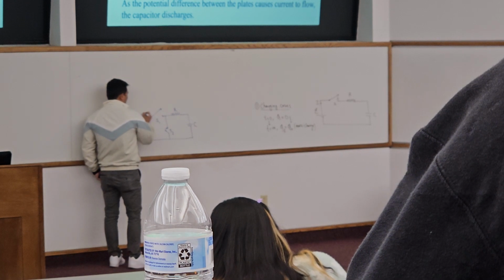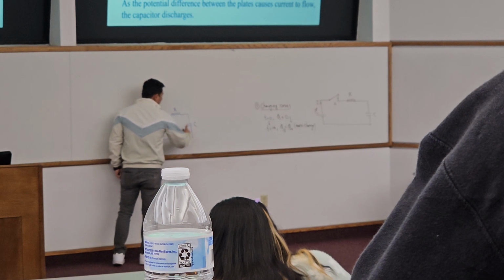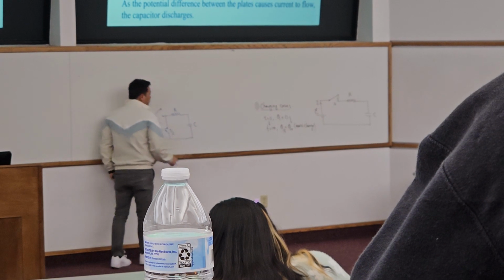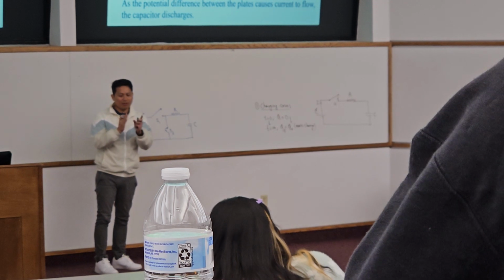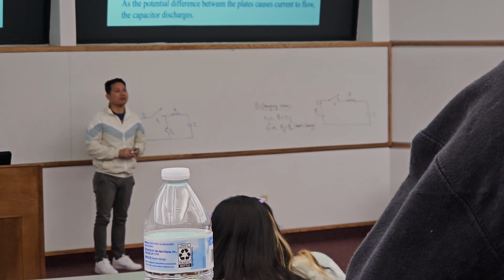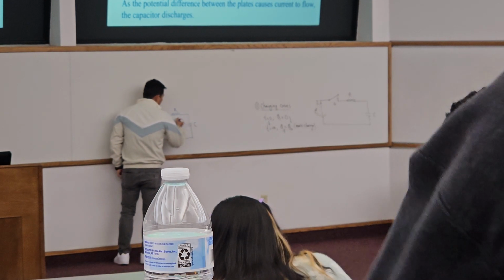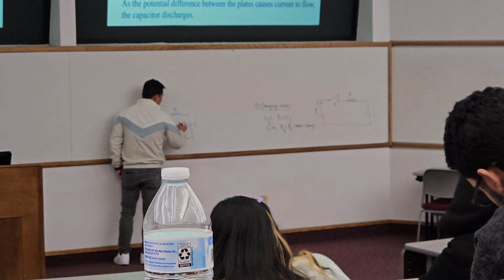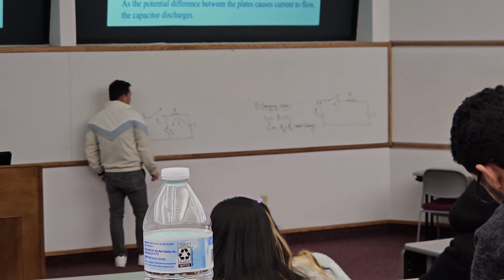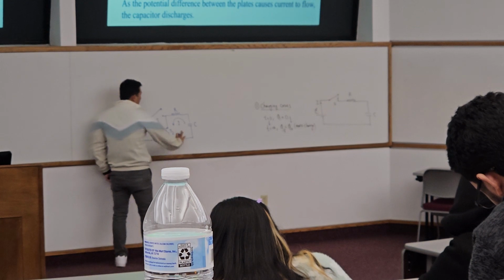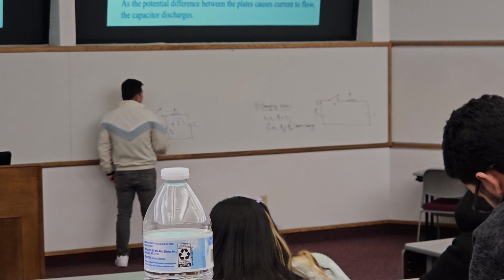Now your capacitor acts as a battery, like the power bank that you have, and the current flows from this direction. The capacitor is fully charged, so you have a potential across it, and that provides the current.